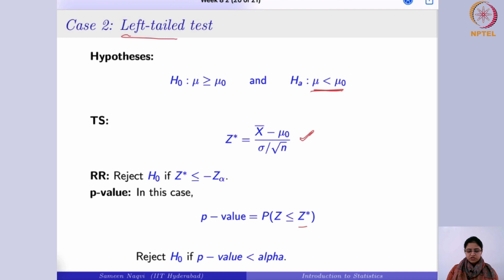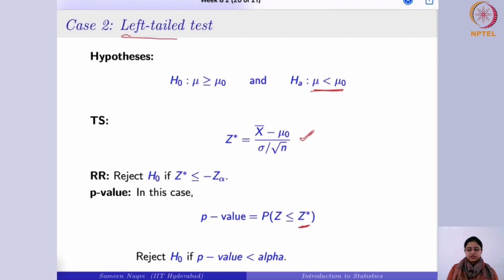So Z star is that value which was calculated assuming that the null hypothesis was true. But still, if the null hypothesis is true and your p-value comes out to be very small, which is less than alpha in fact, then you would say that it is unlikely to happen under the null hypothesis. In fact, it would occur under the alternative hypothesis. Okay.